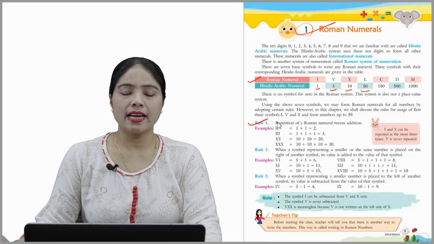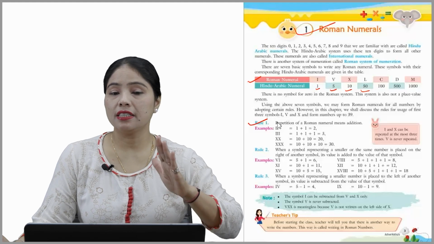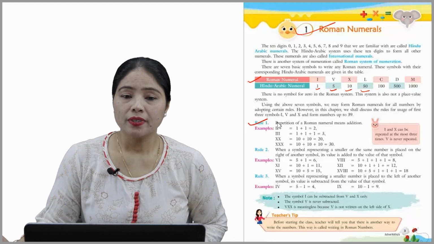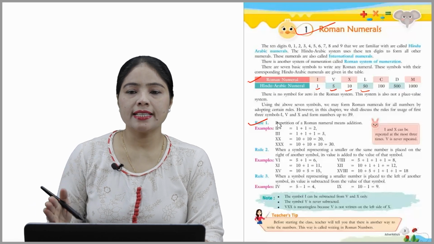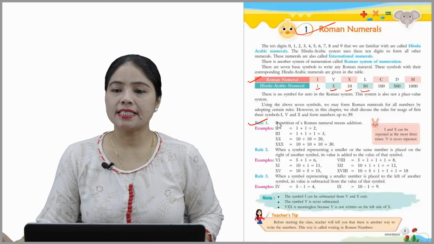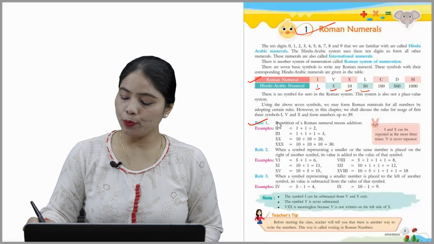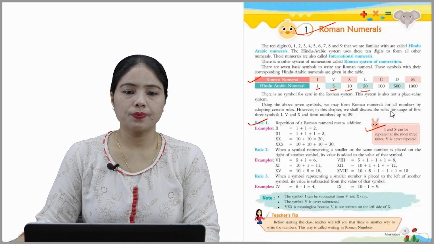And X or X, that means 10 plus 10, 20. And this is X. If it is repeating 3 times, that means it's 30. So, I and X can be repeated at the most 3 times. V is never repeated, beta. Hope you understood this. So, now rule number 2.